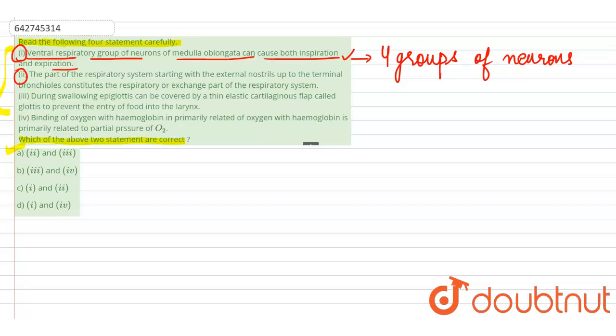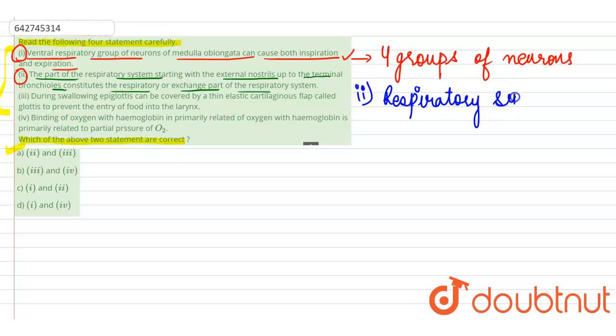And then the second statement says that the part of the respiratory system starting with the external nostrils up to the terminal bronchioles constitute the respiratory or the exchange part of the respiration. So what happens is, our respiratory system starts from the external nostrils.